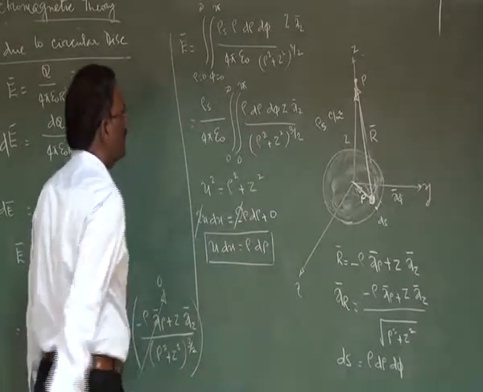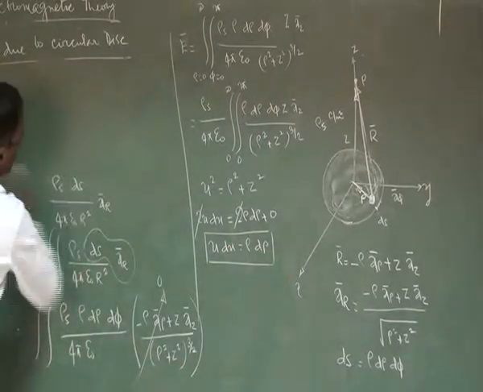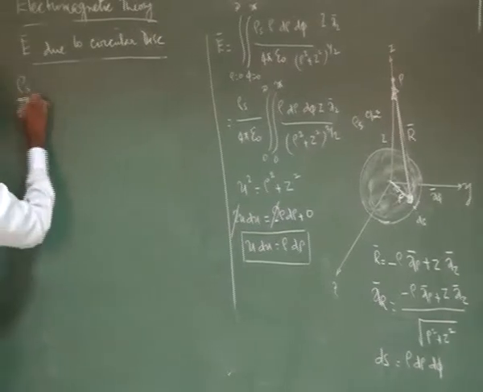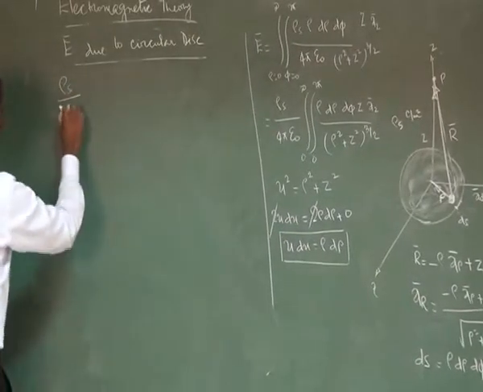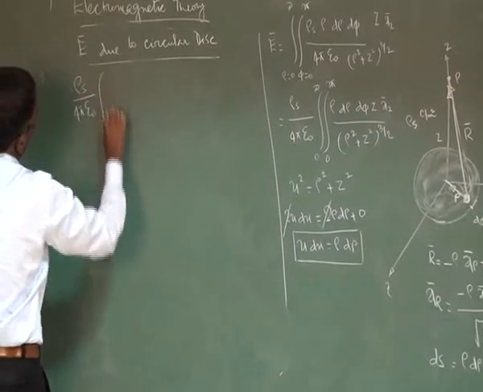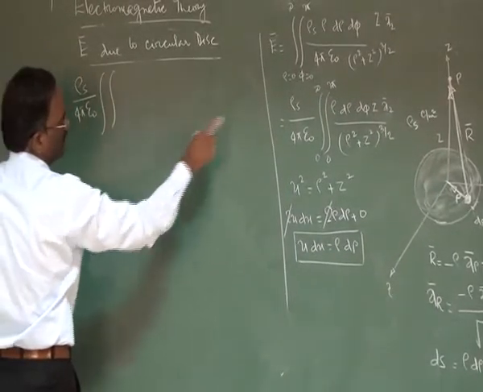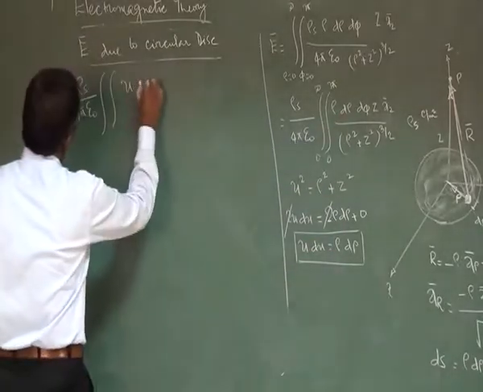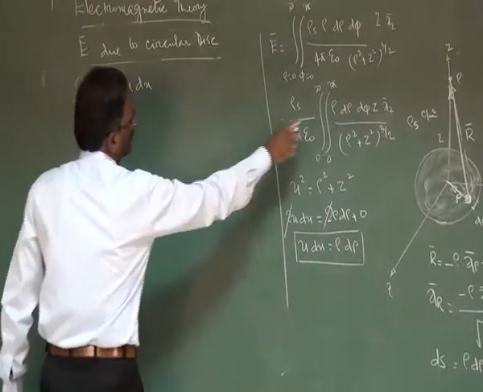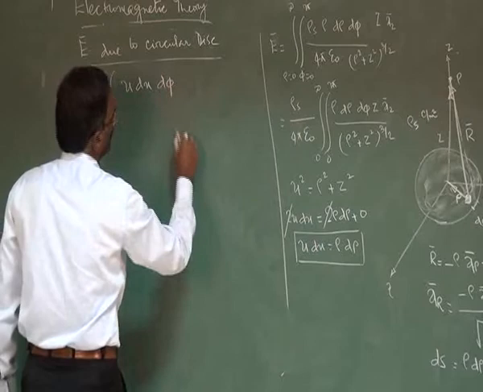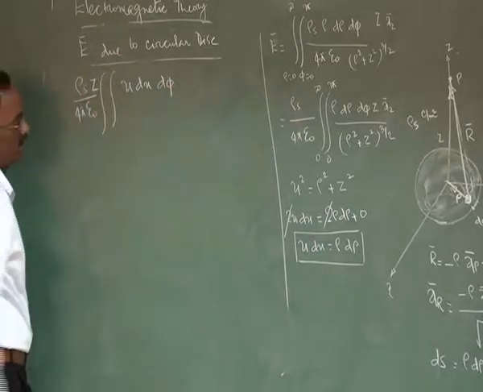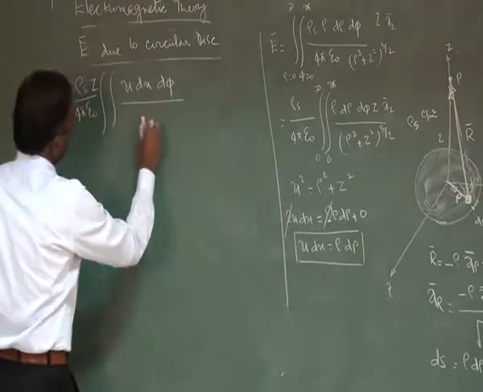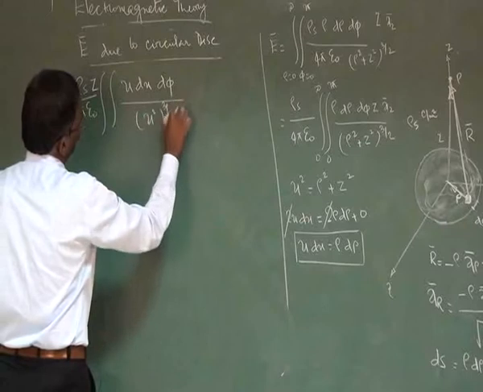These substitutions I will write here. Rho s divided by 4 pi epsilon O double integral. Rho d rho is written as u du, d phi. Z is a constant, so let us take it outside, divided by rho square plus z square, which is u square, power 3 by 2.